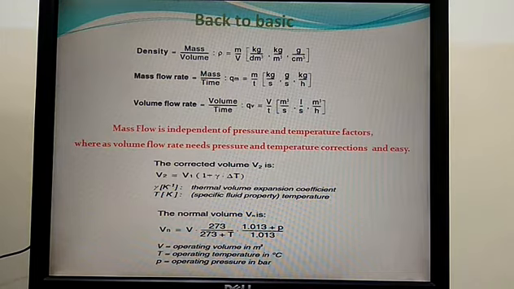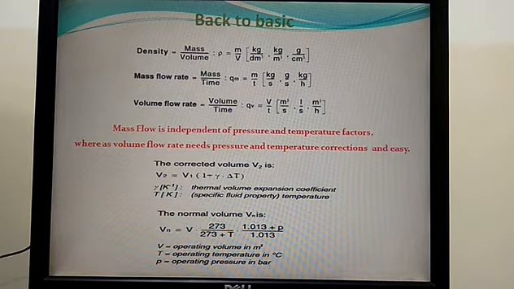The normal volume Vn is Vn = V × 273 / (273 + T) × (1.013 + P) / 1.013, where 1.013 is the atmospheric pressure, V is the operating volume in meter cube, T is the operating temperature in degree centigrade, and P is the operating pressure in bar.